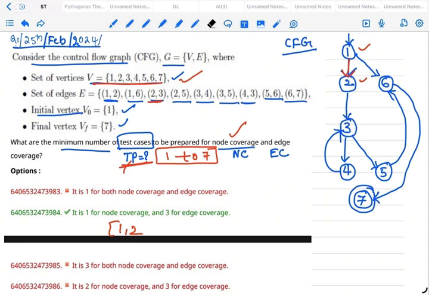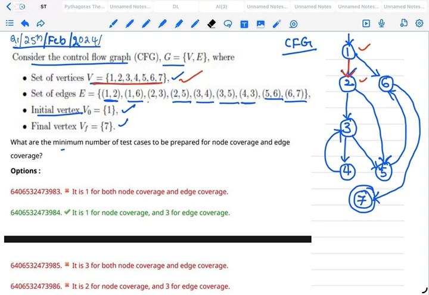There is an edge from 2 to 3 and an edge from 2 to 5, right? Here it is 2 to 5, not 2 to 2, sorry for that. So there is an edge from 2 to 5, and because of that I write the 2 to 5 edge.